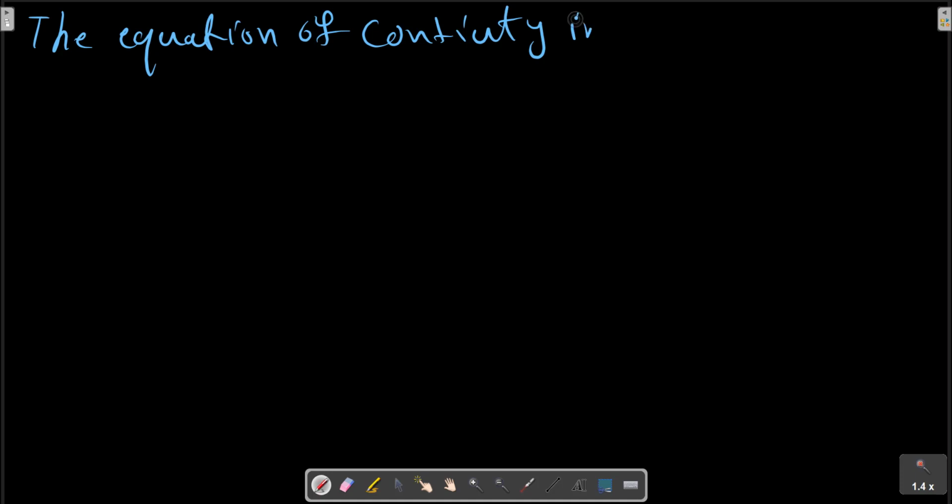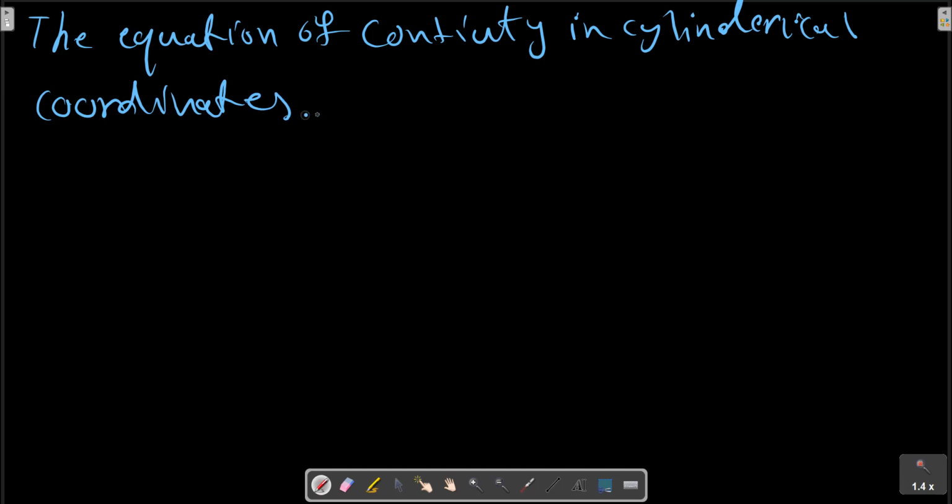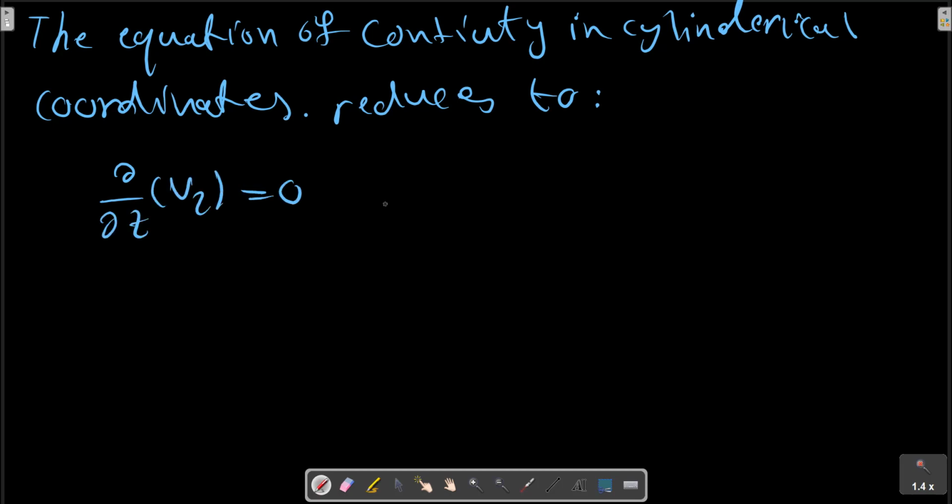In cylindrical conduit, it reduces to, or Vz equals Vz of r only. The flow proceeds straight down the pipe without radial motion.